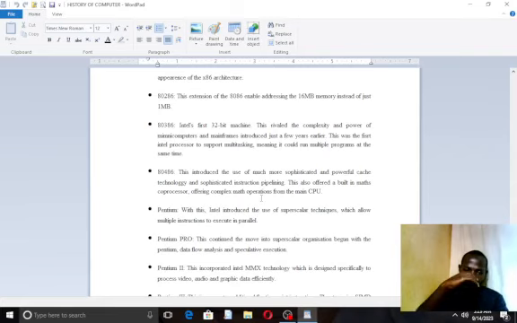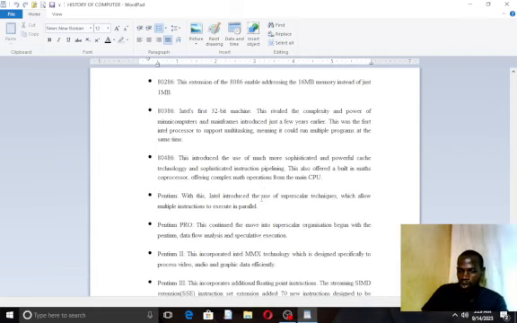From there, there was the development of the Pentium. With the Pentium, Intel introduced the use of superscalar techniques, which allow multiple instructions to execute in parallel.